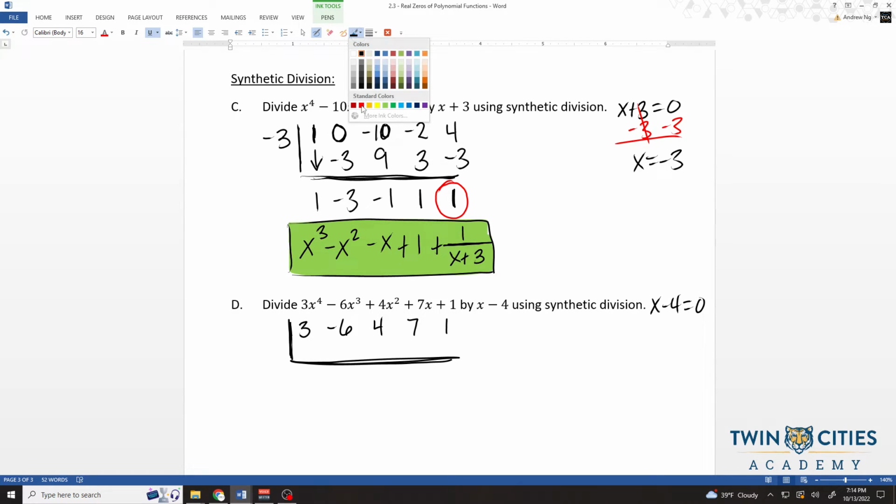And we are going to solve for x, adding 4 to both sides. X equals positive 4. This positive 4 is what's going to go over here. And then lastly, I drop down my first term.